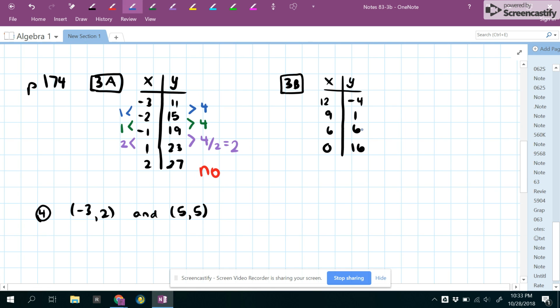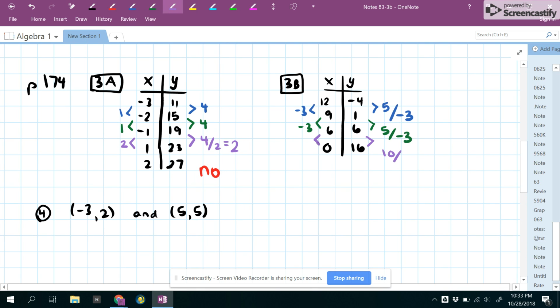-4 to +1 is 5. 12 to 9 is -3. 1 to 6 is 5. 9 to 6 is -3. 6 to 16 is 10, so that's not looking good.